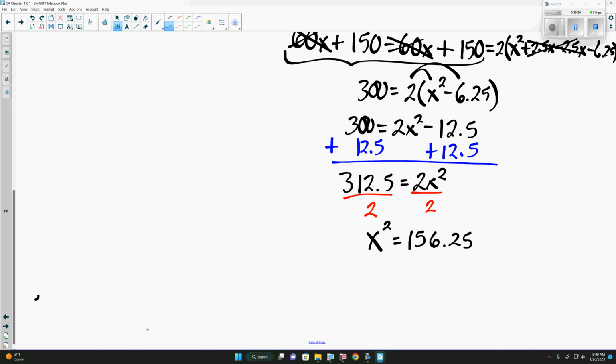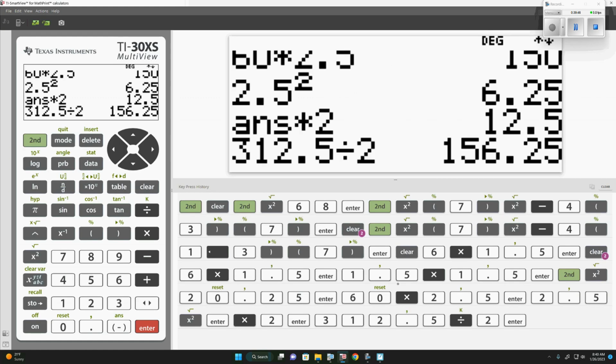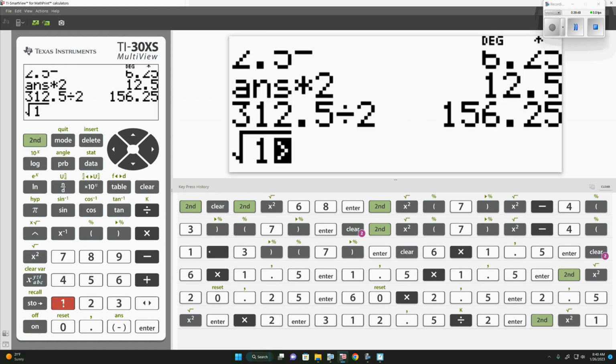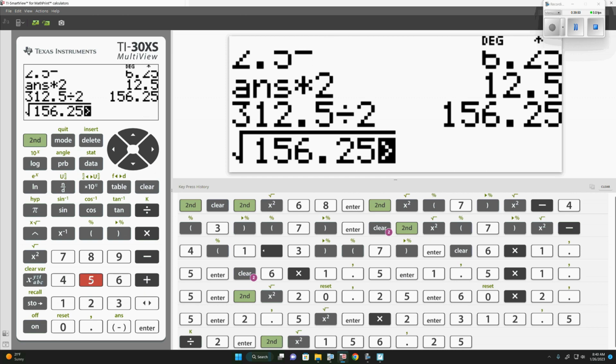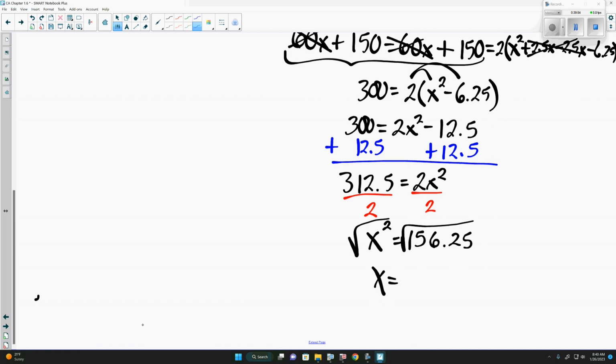And last but not least, what do we need to do? Root both sides. Now we don't need the plus or minus because we're talking about the speed of a boat and it needs to be positive, so 12.5.